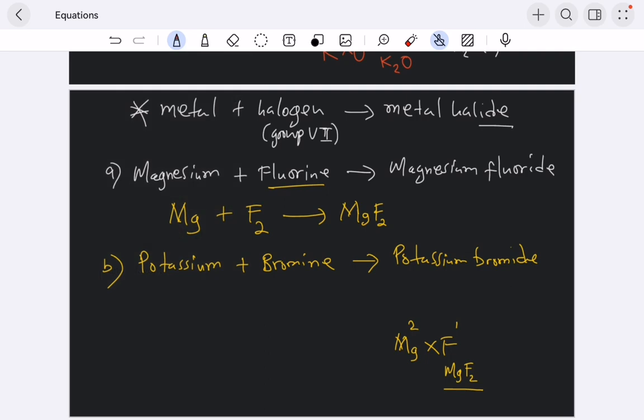Potassium is K. What is bromine? Remember, they exist as diatomics, so subscript 2. Then we're combining potassium and bromine. The valence number is 1 and the valence number is 1. The valences cancel, so KBr. So that is the equation that we are going to get.